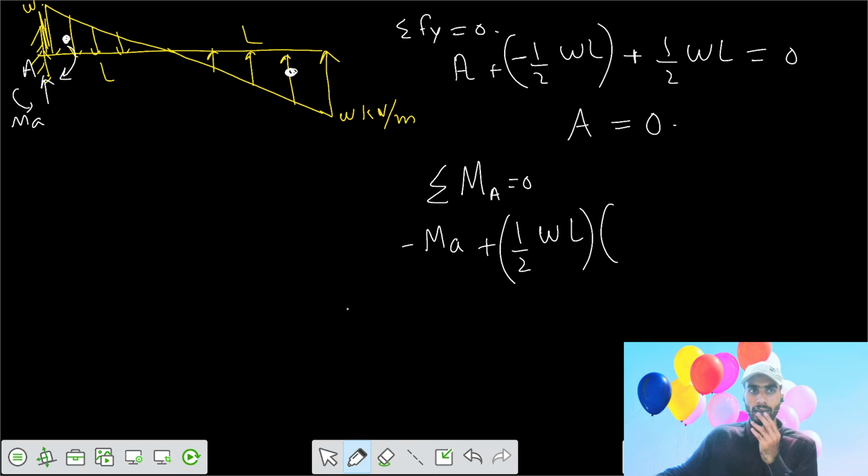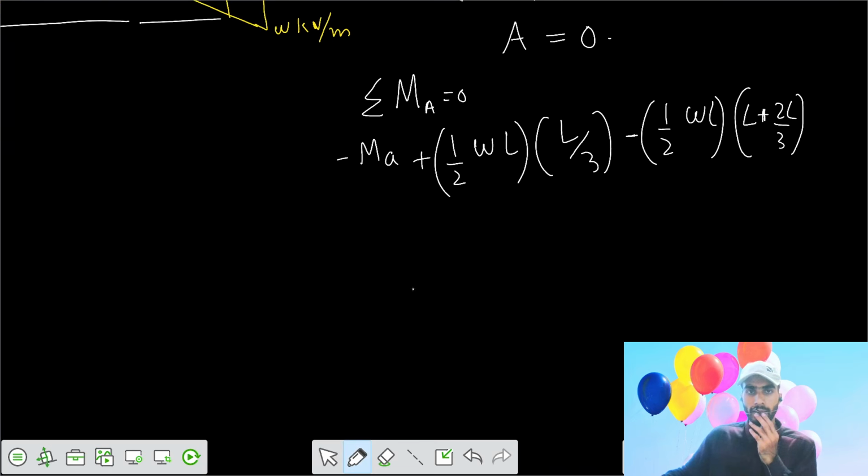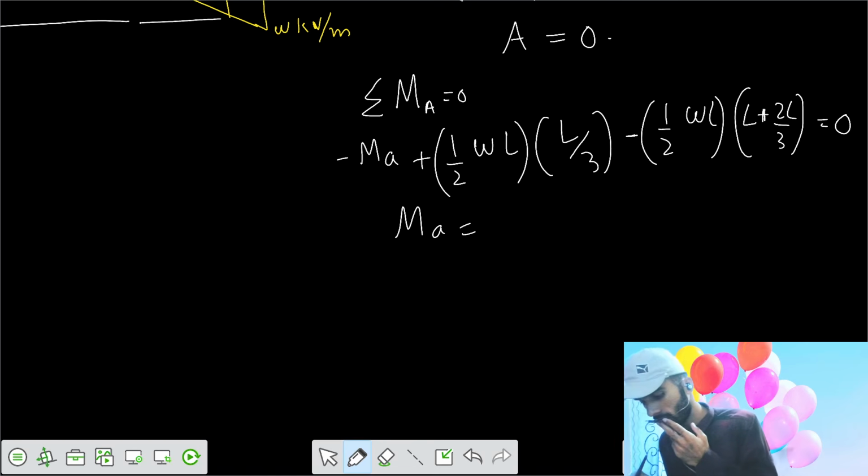It acts at L by 3 from your support A. Then the next triangle acts in the anti-clockwise direction with respect to support A. So we write minus area of the triangle, WL by 2. Now it acts at L plus 2L by 3. So you can get the value of moment A equals minus 2WL square by 3.